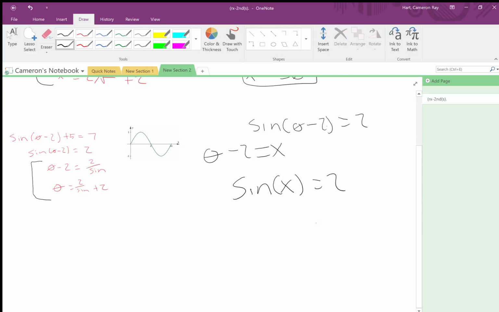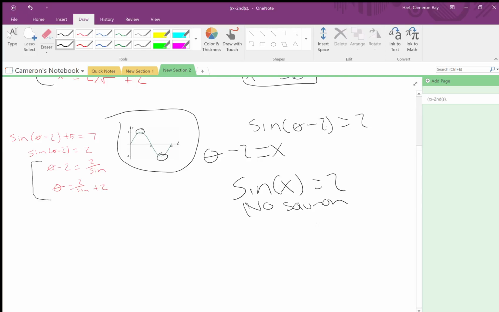If we look at the sine graph, we see that the sine graph only ever reaches 1 and negative 1. It never equals 2. So there is no x value that's going to give you a 2 in return. This actually means there's no solution, because no matter what you put in for x, you will never get 2.